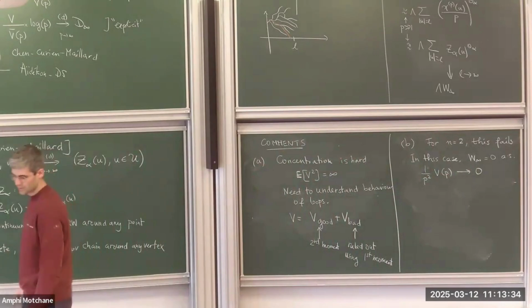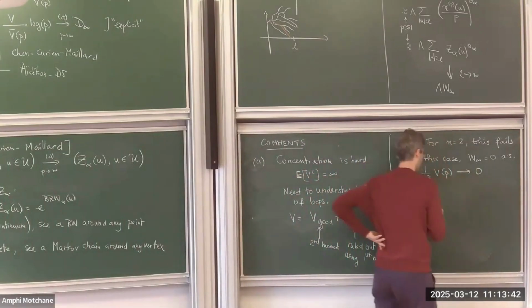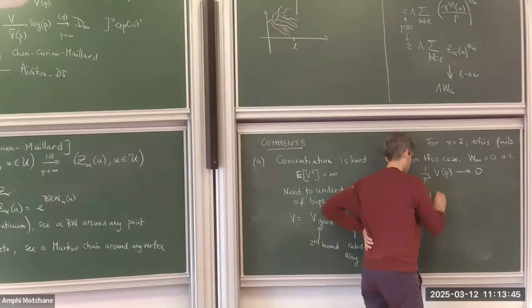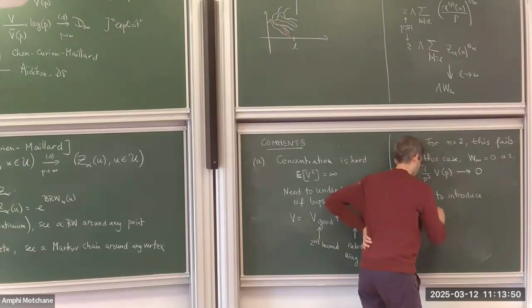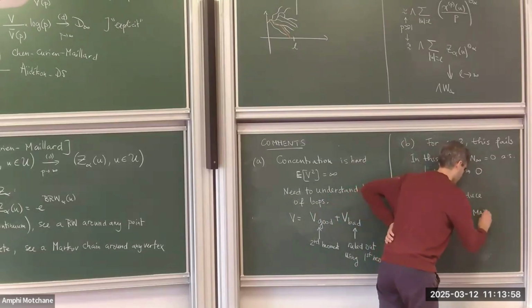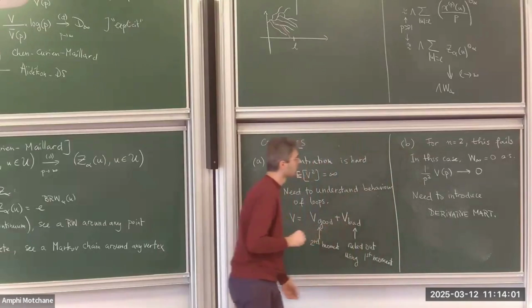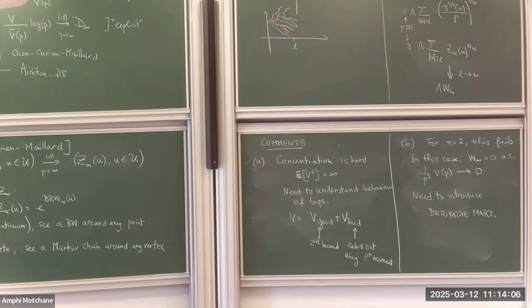It doesn't give you the right scaling, so the convergence in distribution. And as is usual in the case of branching random walks, you need to introduce the so-called derivative martingale. So this critical case is actually way more difficult than the regime where n is strictly less than 2.